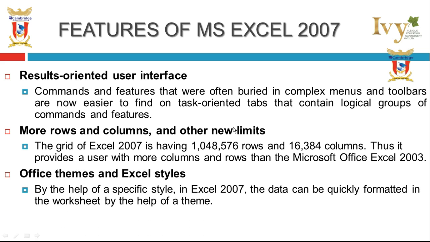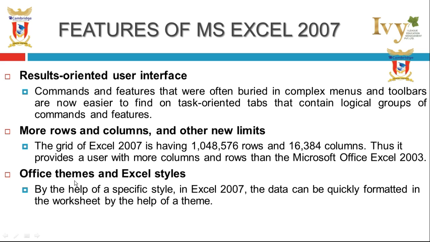Then next we have Office themes and Excel styles. Themes means the inbuilt designs that are available in a particular software, built in by the vendor of that software. With the help of specific styles in Excel 2007, data can be quickly formatted in the worksheet with the help of a theme.